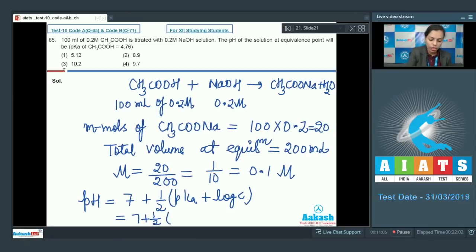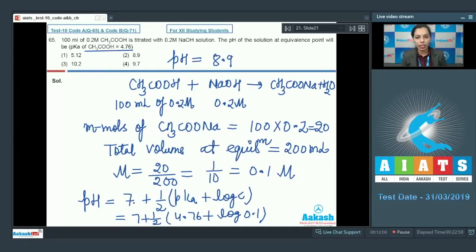Correctly given here in the question, that is 4.76, plus log C. C is 0.1 that you have just calculated. Now, if you solve this for the value of pH, it would be equal to 8.9. You will obtain it after calculation, and this is correctly given here in option 2. So just choose option 2 as your correct option.